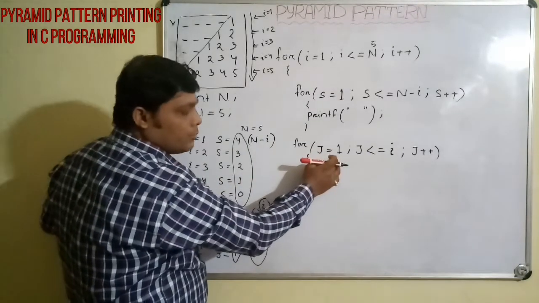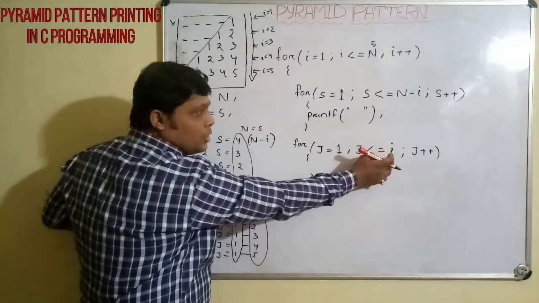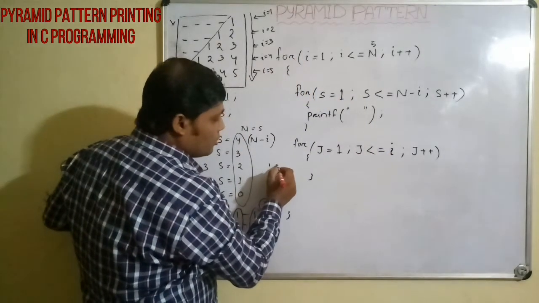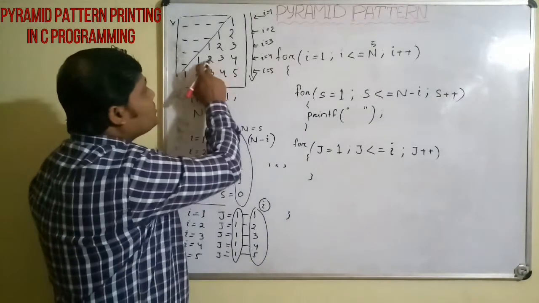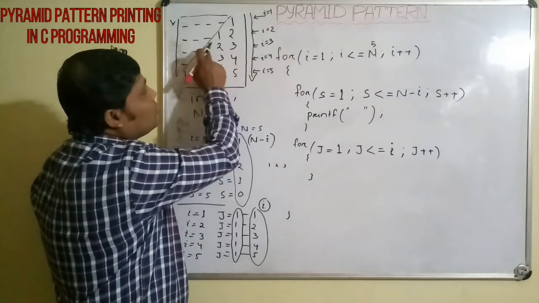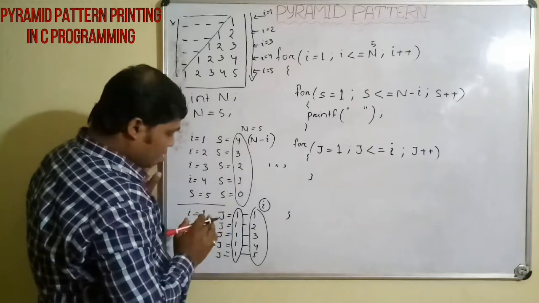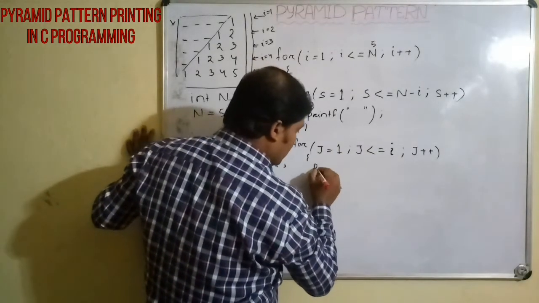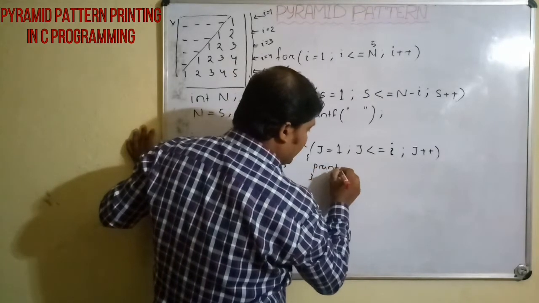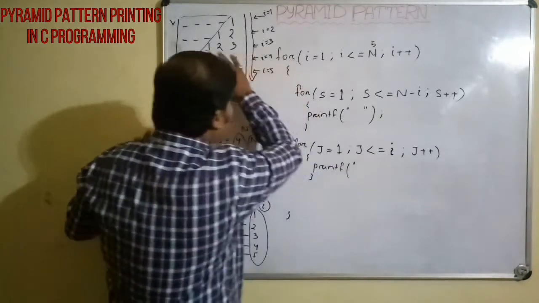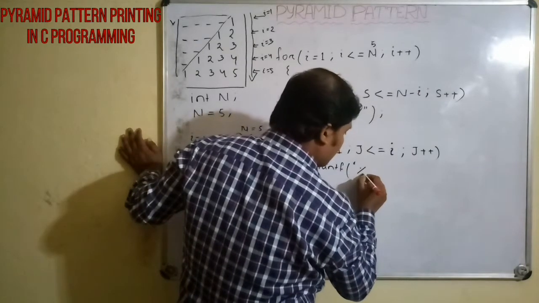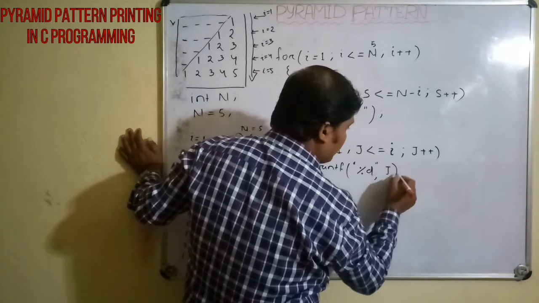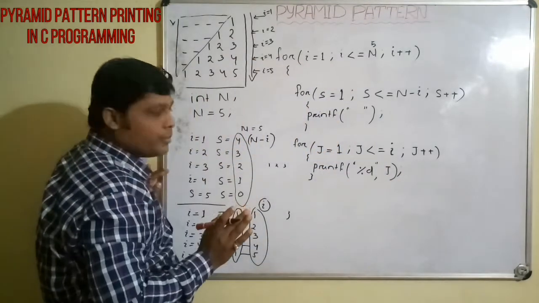Yes or no? Because it will start with 1, end with 3, when i value is 3. So it will continue for 1, 2 and 3. What it is printing at i value 3: 1, 2, 3. So you can see it is printing the j value. So you can directly write printf as numbers are printing, percent d, backslash t, then j. Understood? Very simple.